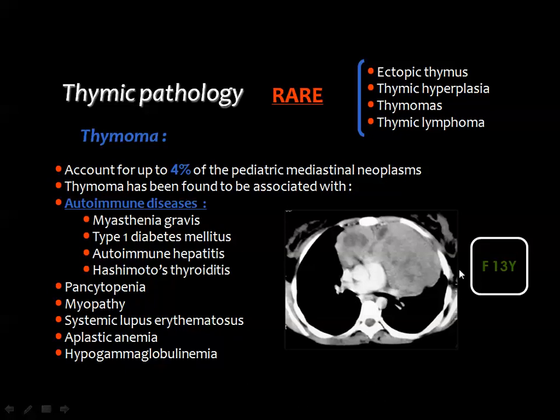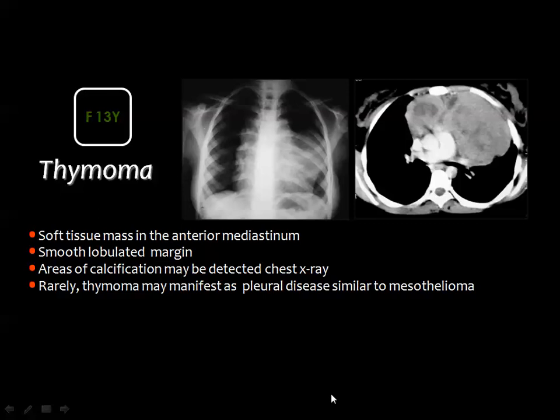In cases of thymic neoplasms or thymoma, you see a big mass in the anterior mediastinum conforming to the anatomic location of the thymic gland. It may extend on both sides of the midline if it is large, and may grow like this, and also may extend into the right side of the mediastinum.